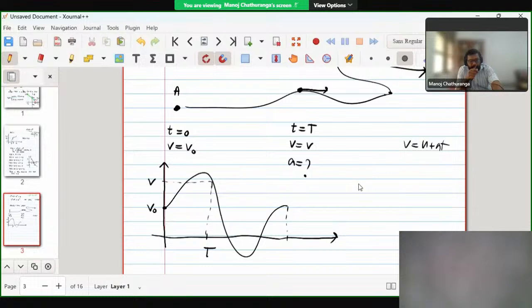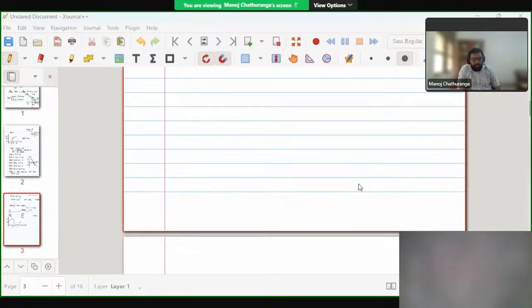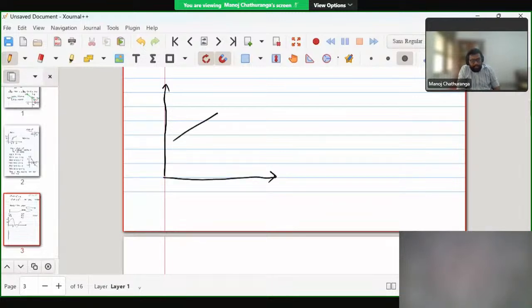If we had a piecewise linear graph as the velocity, we had something like this.